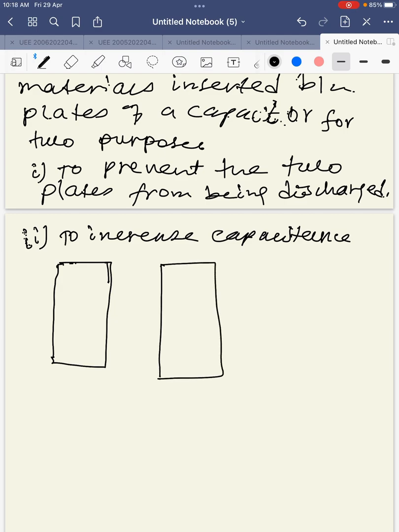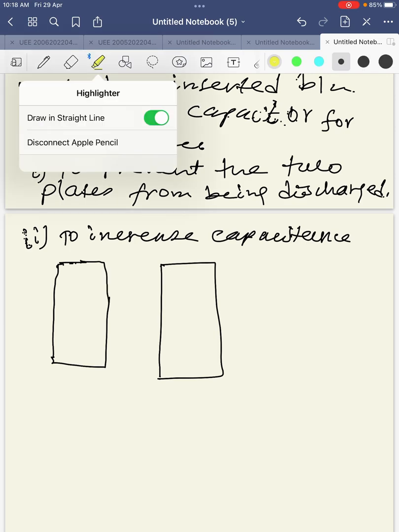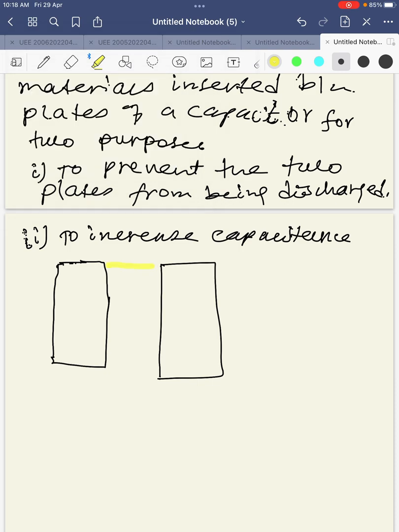Between these two plates, assume this is a dielectric inserted between the plates. It might be mica, paper, or paraffin.